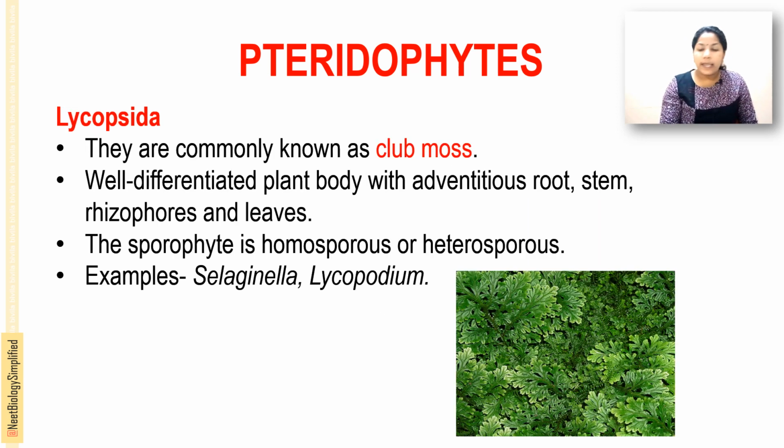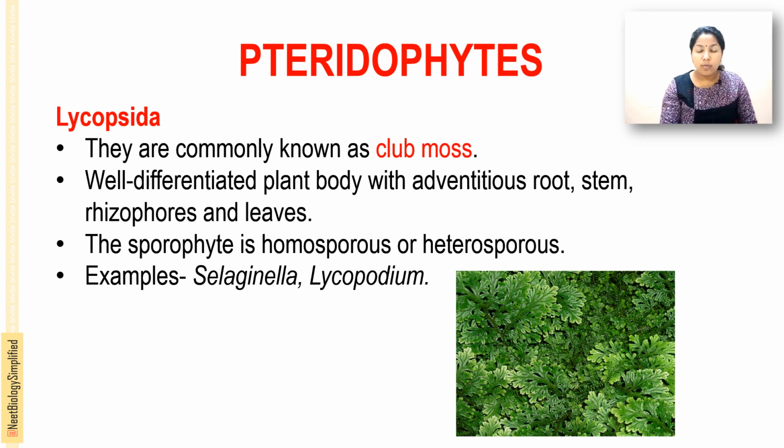Next is the Lycopsida, commonly known as club moss. They have a well differentiated plant body with adventitious roots, stem, rhizophores and leaves.